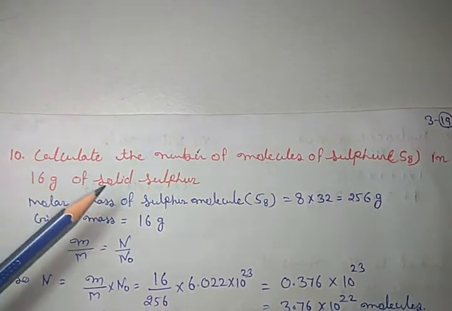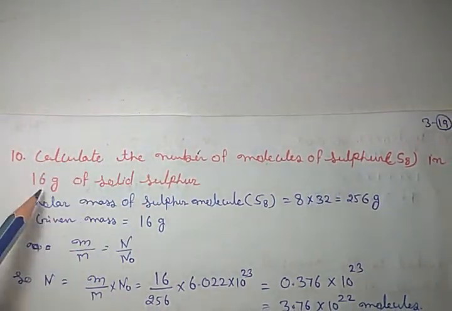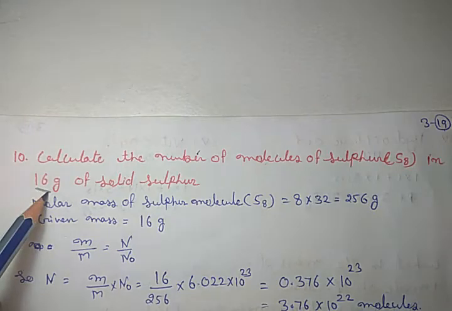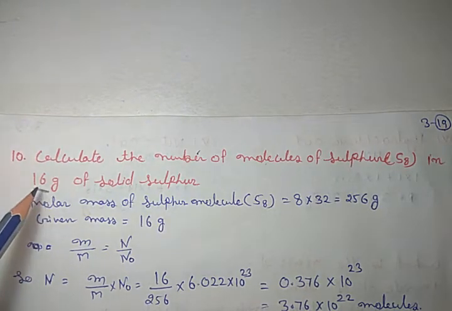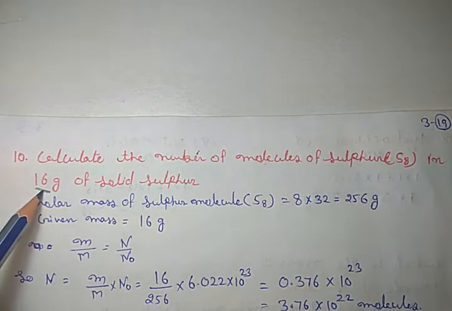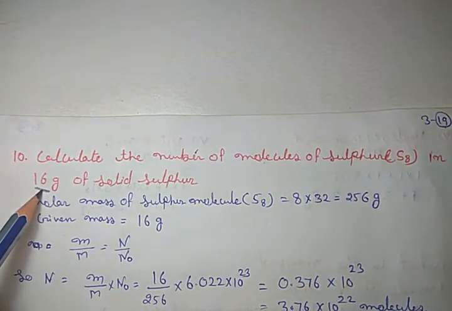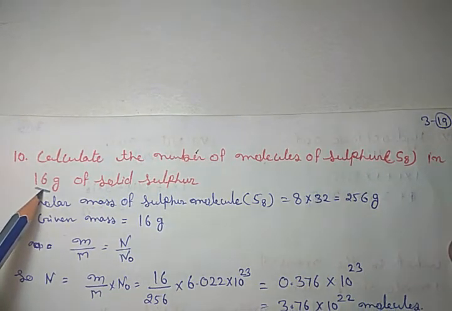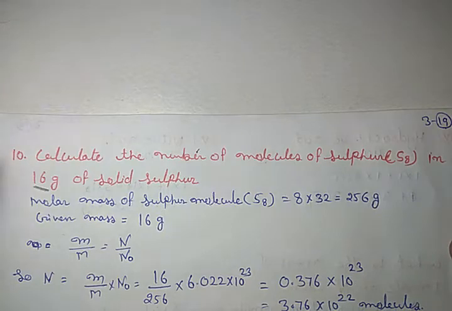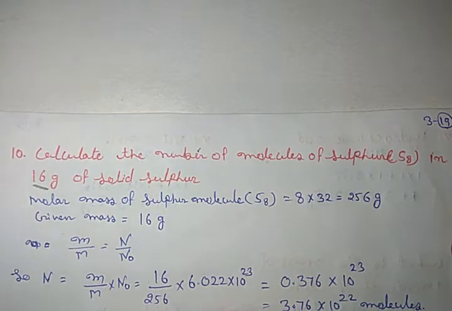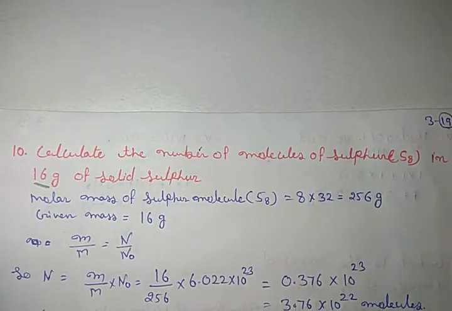Now the mass is given, and we have to find the number of particles, the number of molecules. As you know, the number of moles is related with the mass, molar mass and given mass, and it is also related with the number of particles and Avogadro number. Clear? So by using them, we can easily calculate that.